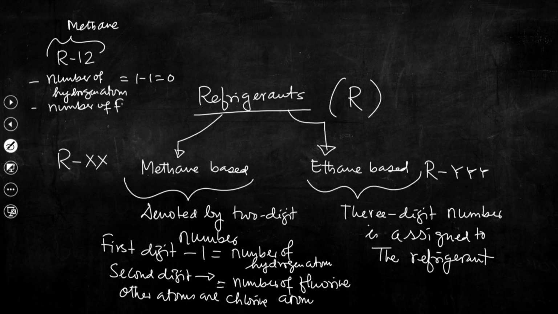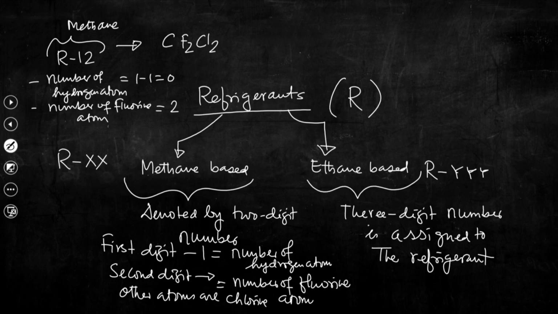Number of fluorine atoms is the second digit, that is 2. So, hydrogen atoms there is none, fluorine atoms 2. Carbon has 4 valence. So, this methane based refrigerant is C H0 F2. There will be another 2 atoms needed to make carbon saturated. So, this is Cl2. So, this is basically R12.